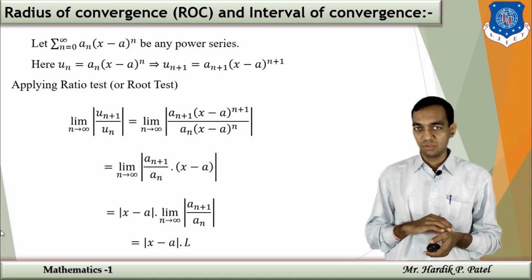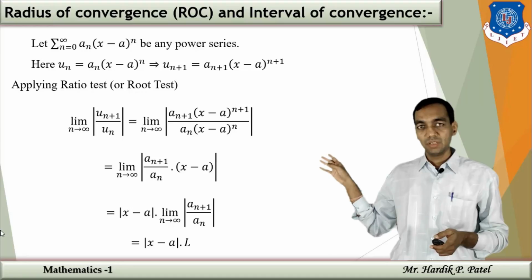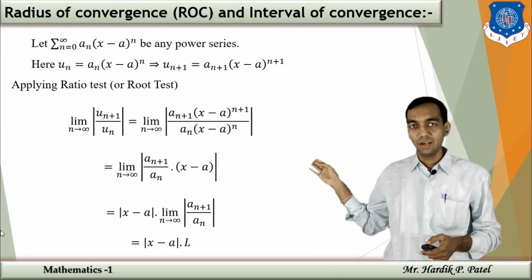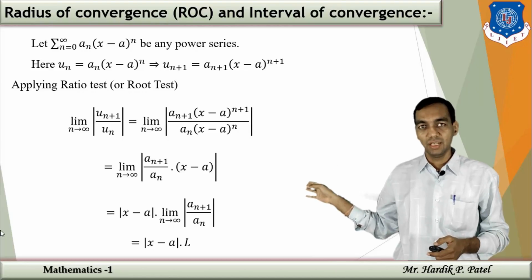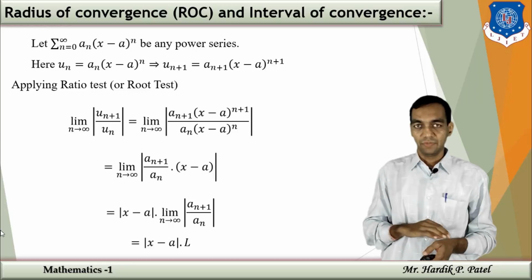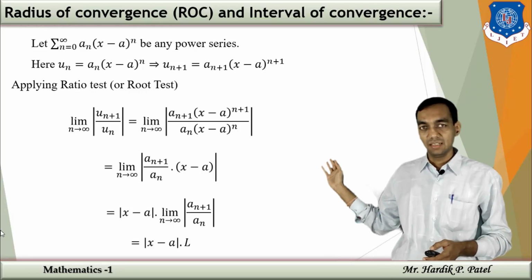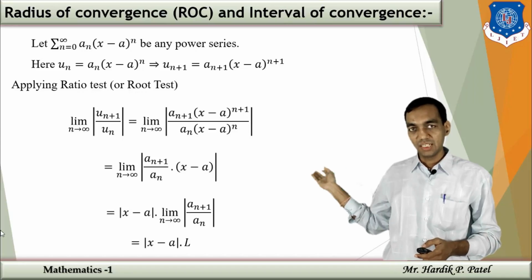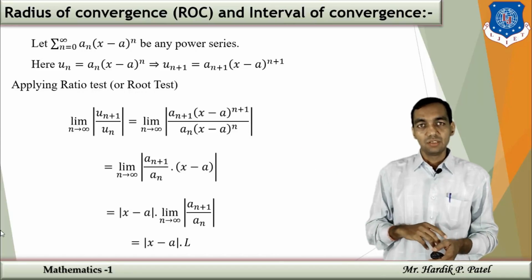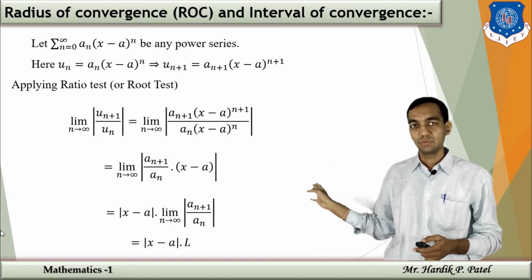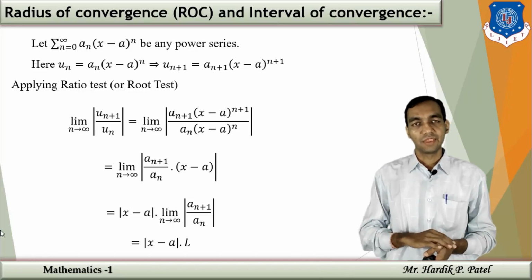That's why we have introduced the mod. So mod of un plus 1 upon un, after putting the values and simplifying, will be mod of an plus 1 upon an into x minus a. Now x minus a is a constant with respect to the limit, so it can be taken out of the limit. So you have mod of x minus a into the limit of mod of an plus 1 upon an.